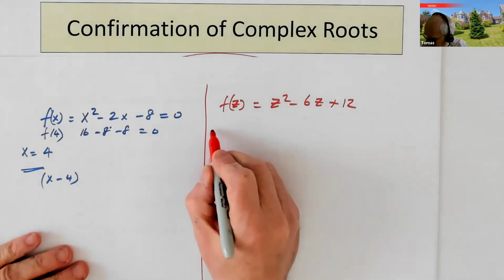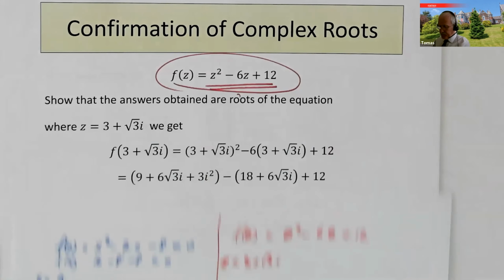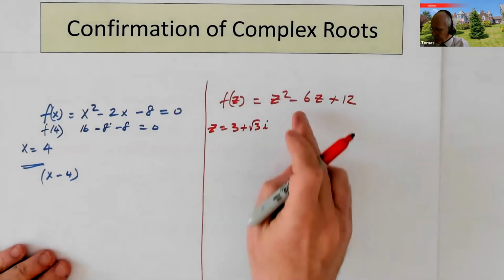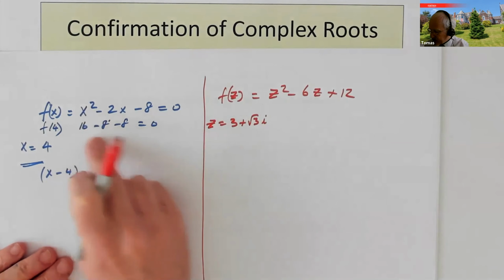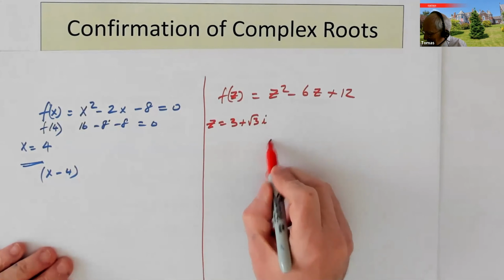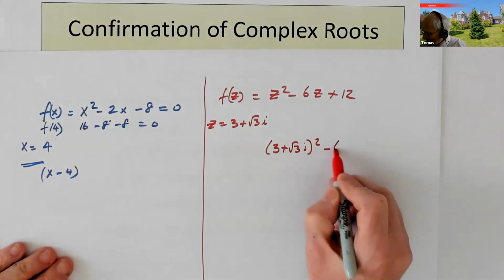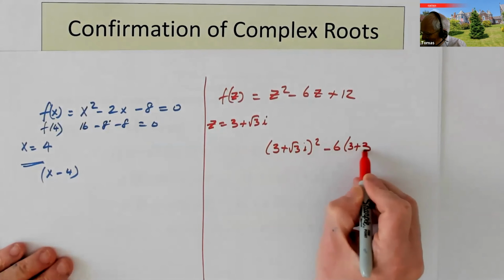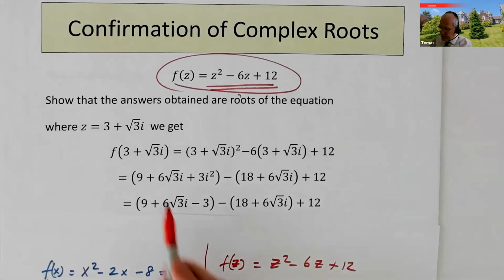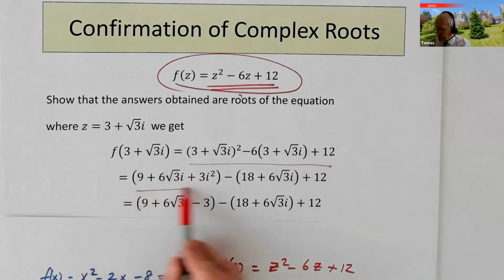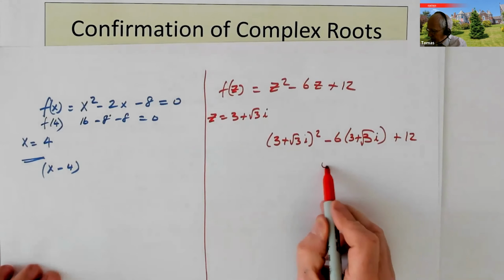If you want to prove that that's a root, everywhere you see z, just like everywhere you see x, you've got to put in this. So you say 3 plus root 3i squared minus 6 times 3 plus root 3i plus 12. And you do that, multiply them all out, go through the calculations, and you'll find that it's 0 plus 0i.